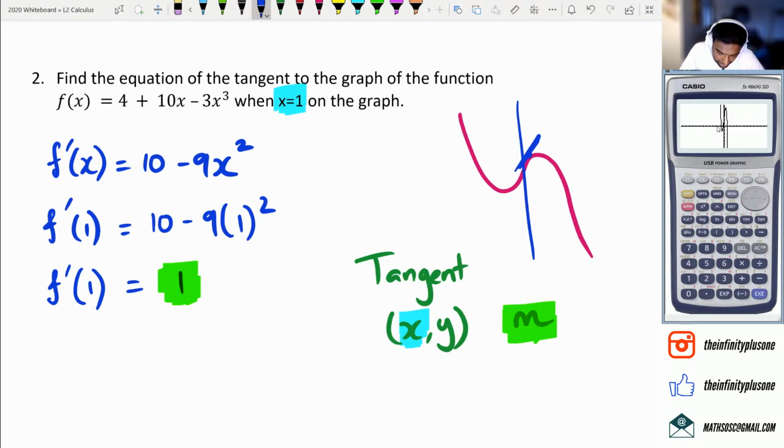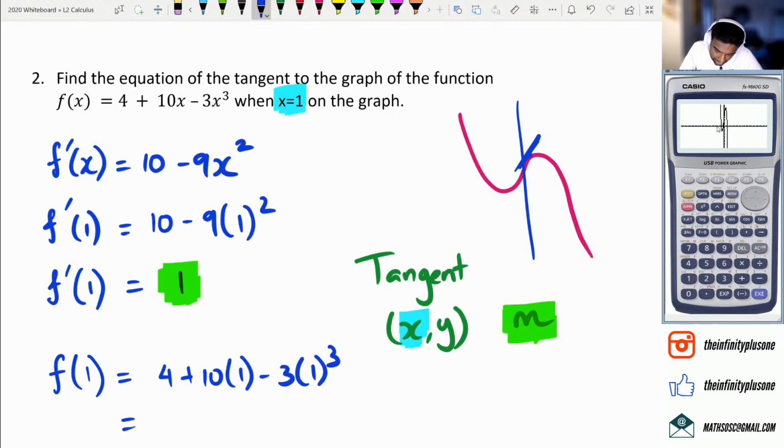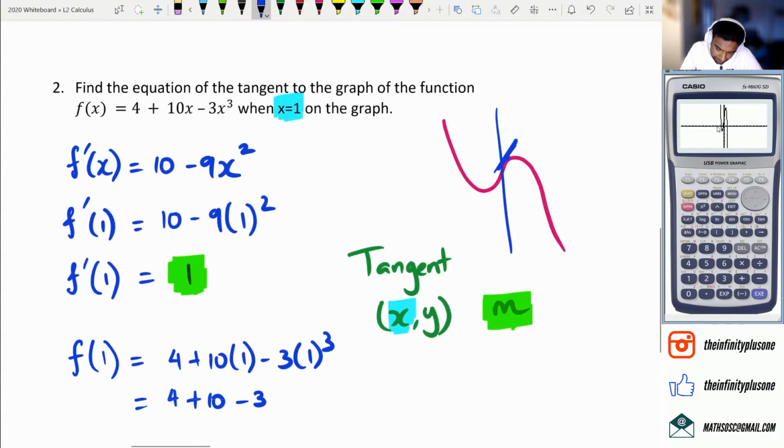So that means we've got to go back and figure out what f of 1 is, because f of 1 gives the y value. So when we do that, we get 4 plus 10 times 1 minus 3 times 1 cubed. So this ends up being 4 plus 10 minus 3, which gives us a value of 11.